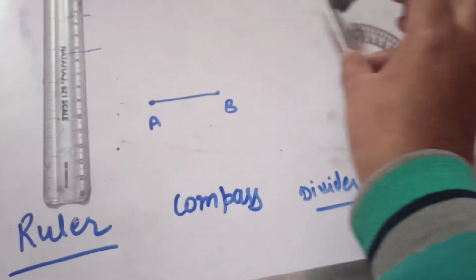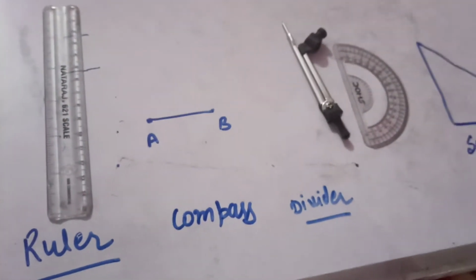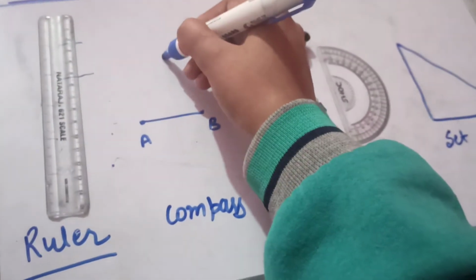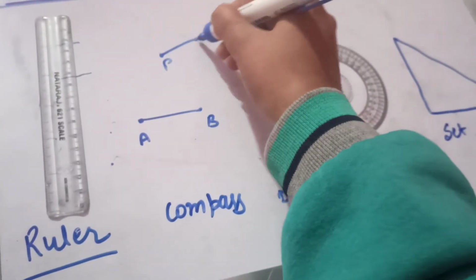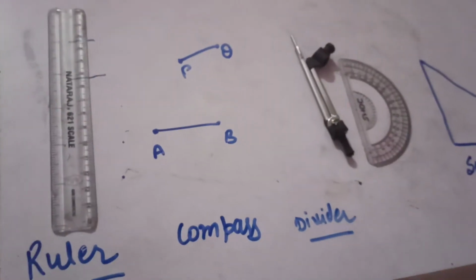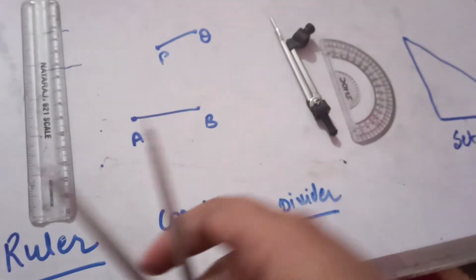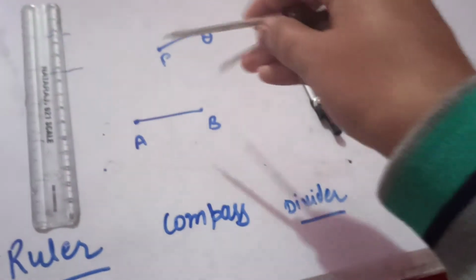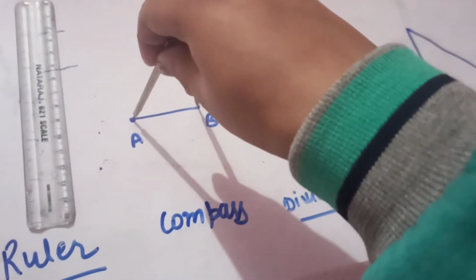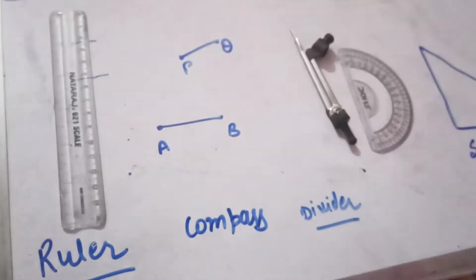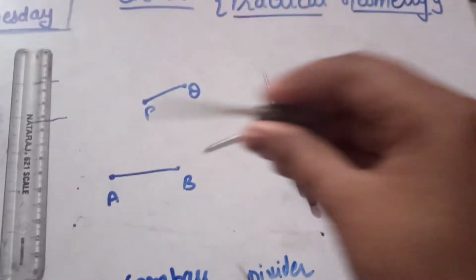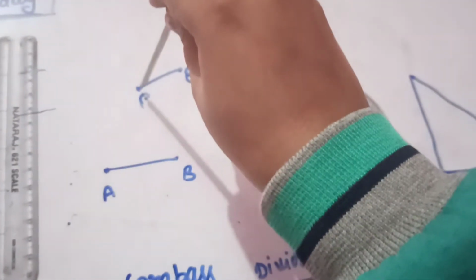Like, I have this AB and one more line PQ. I have to compare, are they both equal? How will I compare? See, put one on AB. Now the same we will measure here.